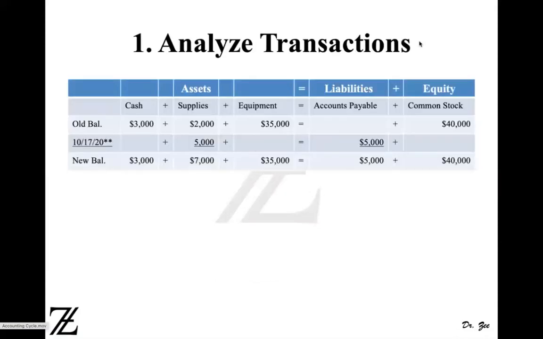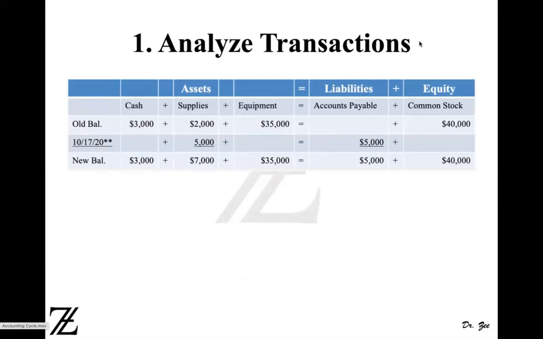Okay, so the first step is analyzing transactions. You analyze the transactions, whether they are assets, liabilities, or equities, whether assets are going up or down, liabilities are going up or down, equity is going up or down, and what kind of accounts those are. If you have received cash, you're going to add more cash to your business. If you have bought supplies, then you're going to add supplies to the business.